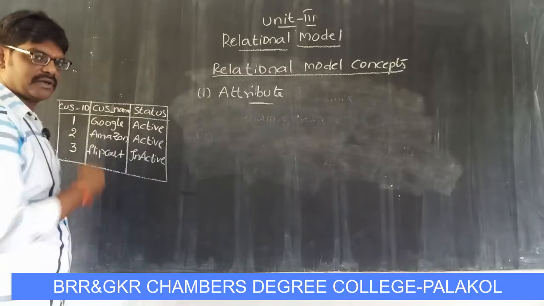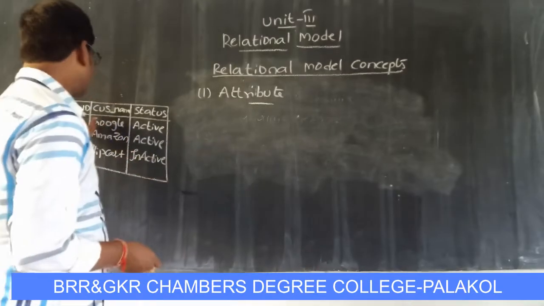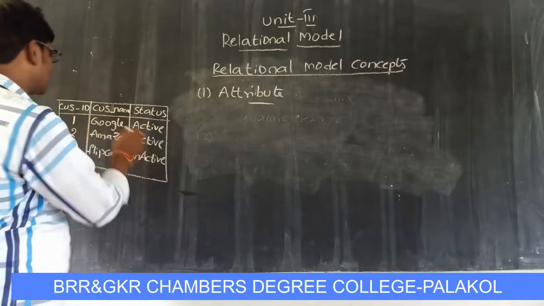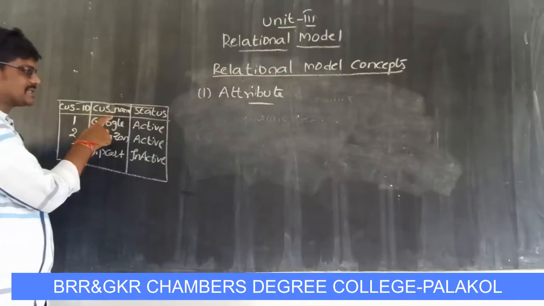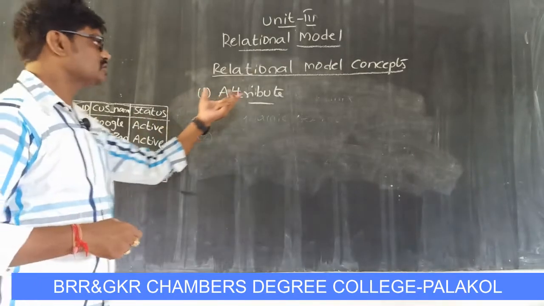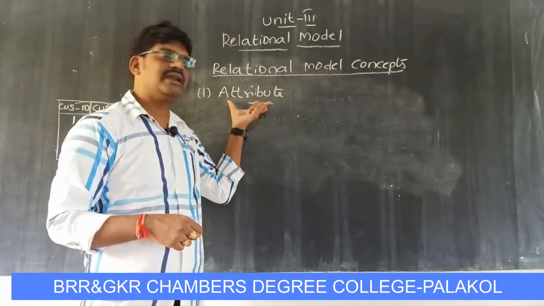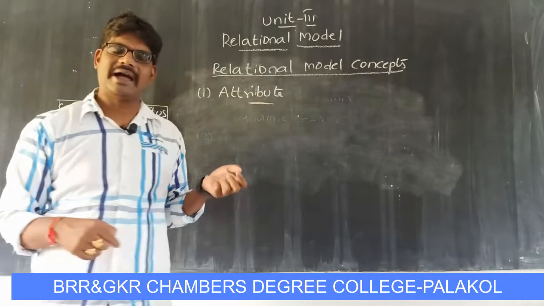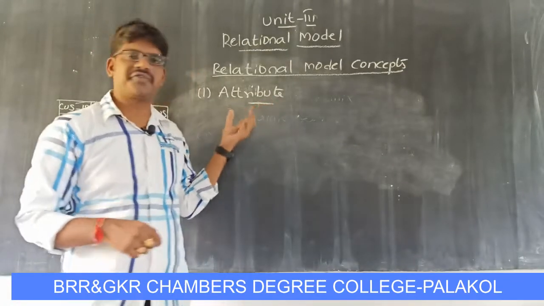This is the table which contains some rows and columns. What is the meaning of attributes? These are the columns. So customer ID, customer name, and status are called columns. What is the meaning of attribute? Each column in a table is called an attribute. Attributes are the properties of the relations.